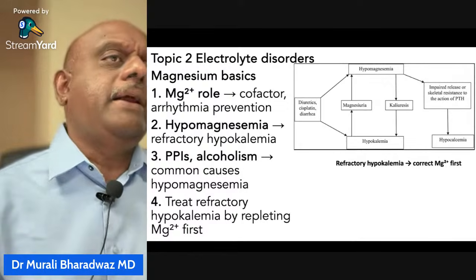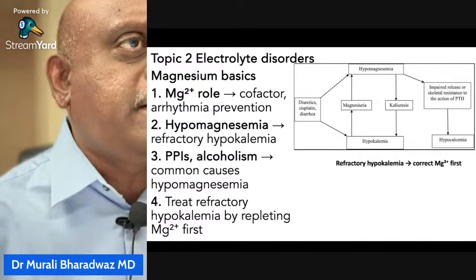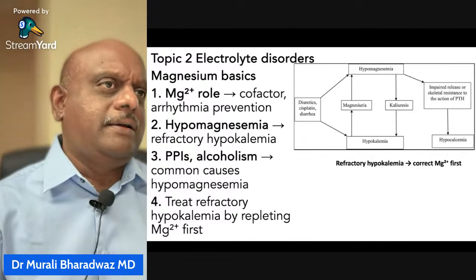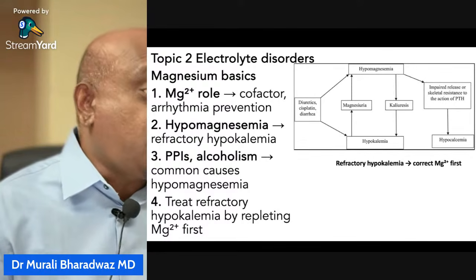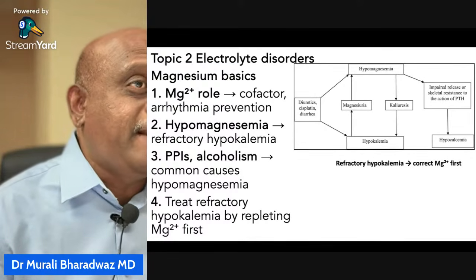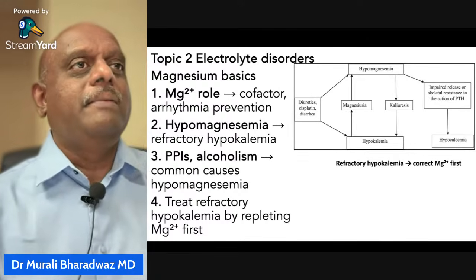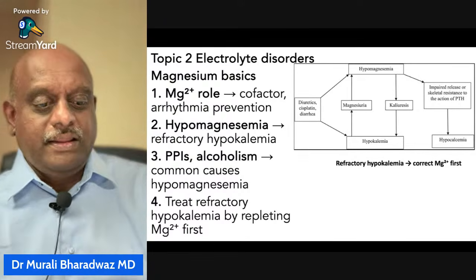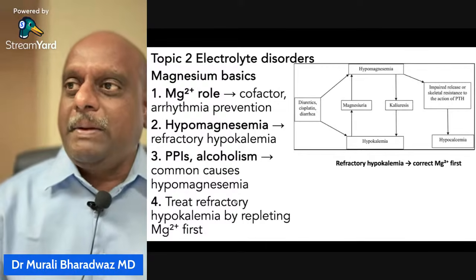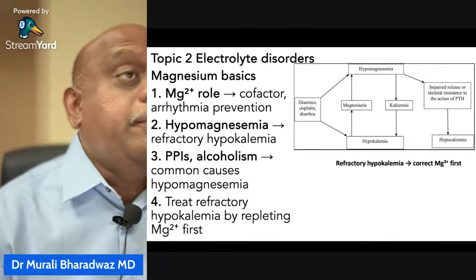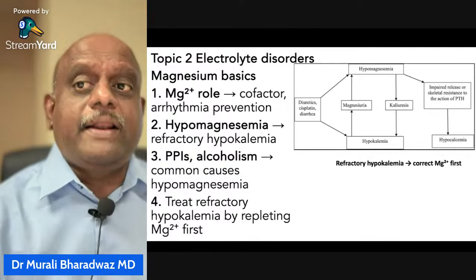Now, why do we need magnesium? Magnesium is a cofactor in a lot of enzymes. Magnesium prevents the arrhythmia. That's the reason in torsades de pointes, polymorphic VT with a prolonged QT, we give magnesium IV. That's what we need to basically remember, right? Then hypomagnesemia leads to refractory hypokalemia.